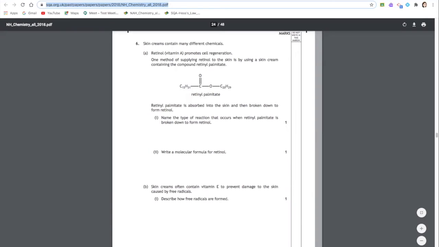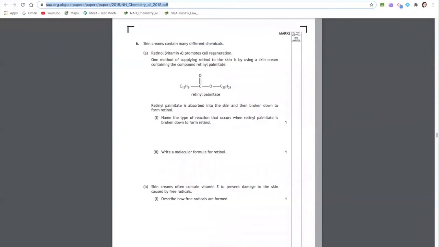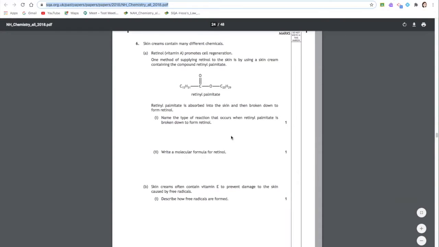Then you're asked to name the type of reaction that occurs when retinol palmitate is broken down. If you are breaking down an ester, it will be a condensation reaction. That would then break down to form retinol and the other product.